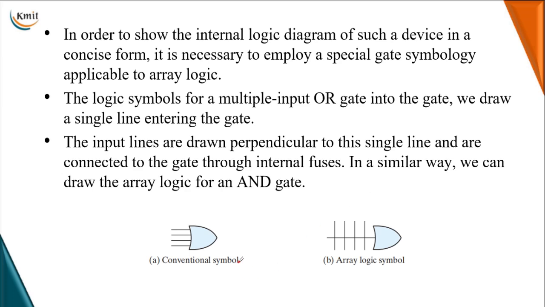For simplification of the logical symbol of a multiple-input OR gate, we provide only one horizontal line with vertical lines. These vertical lines indicate the programmable inputs which are connected to the OR gate input. In the same manner, for a multiple-input AND gate, with a single input line, the perpendicular lines indicate the inputs which are connected to the programmable AND gates.